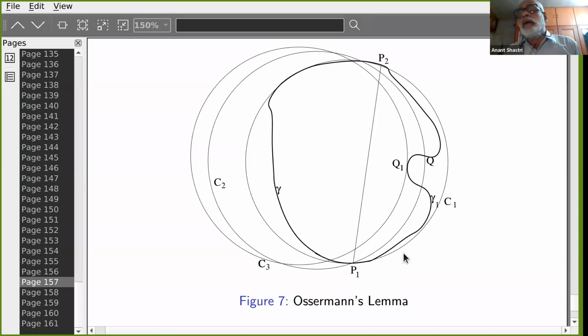Of course, in the case of an ellipse, you can actually write down and find the exact points: the intersections of the major axis and the minor axis with the ellipse. This theorem only shows that they exist. It doesn't give you a formula because gamma is not given by a formula.